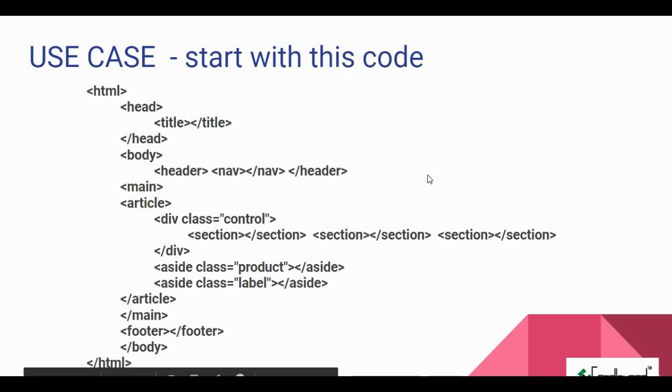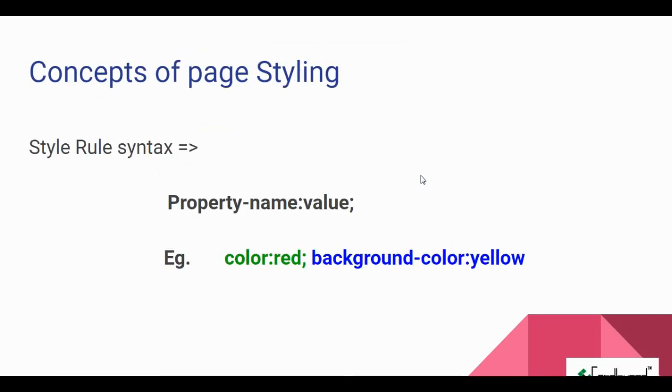The next thing we'll be looking at is, for the purpose of styling this page, we need to look closer at the concept of styling a page. Styling is what helps you to add colors, heights, and widths, and it helps you to shape your page just the way you want your page layout to be. So we're going to be using styling to add all the colors and all the shapes we've seen in our sample page layout that we're trying to build.